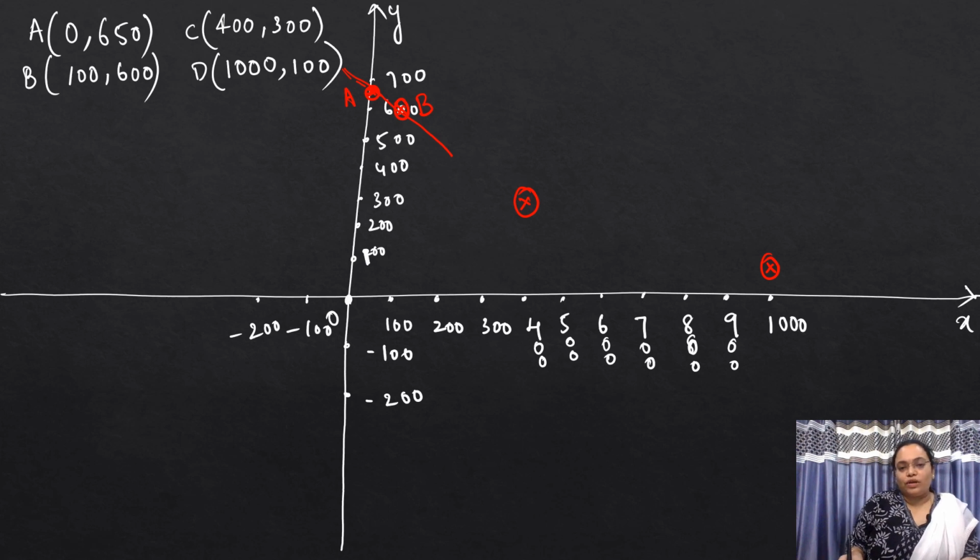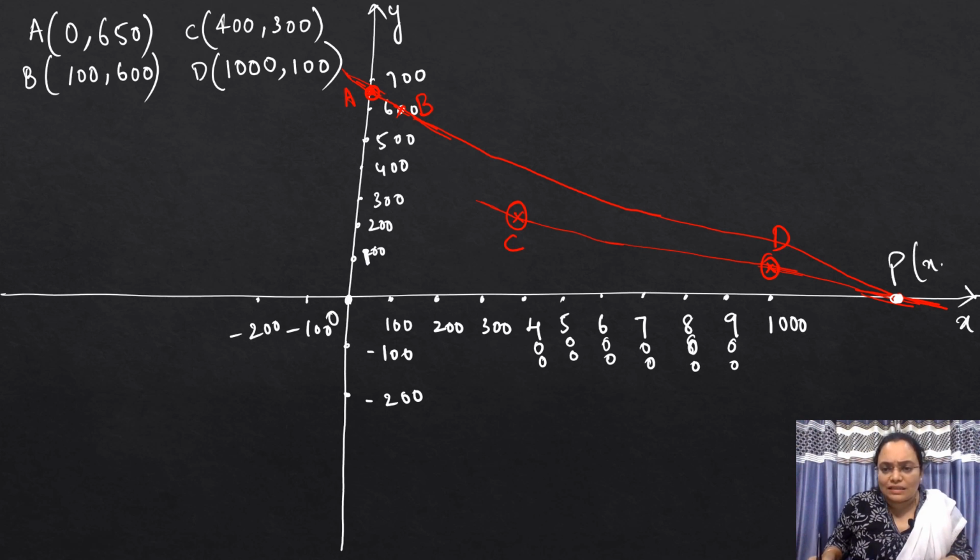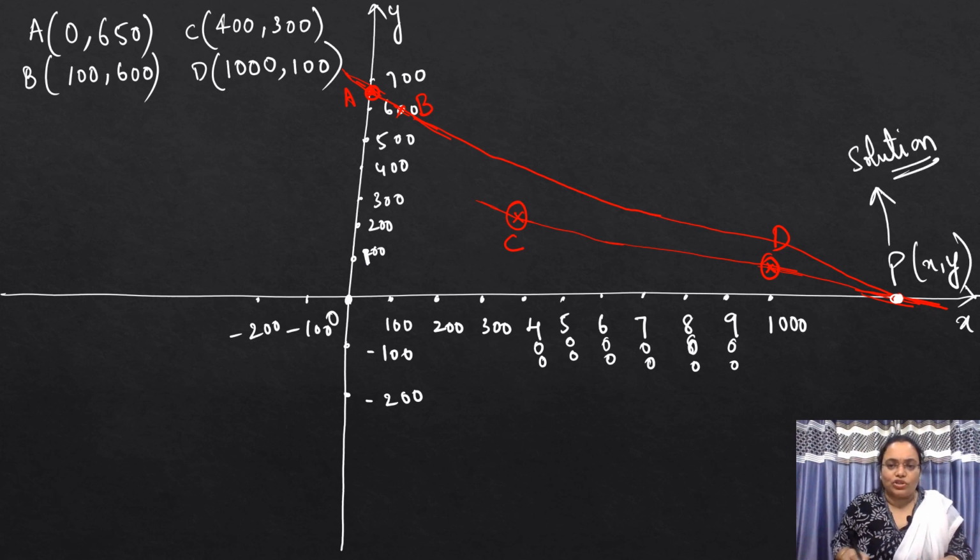So if you join these 2 lines, you will get something like this. This is C and this is D. So if I extend these 2 lines, it is meeting at a common point. So that common point P of x and y will be the solution of the given pair of linear equations.